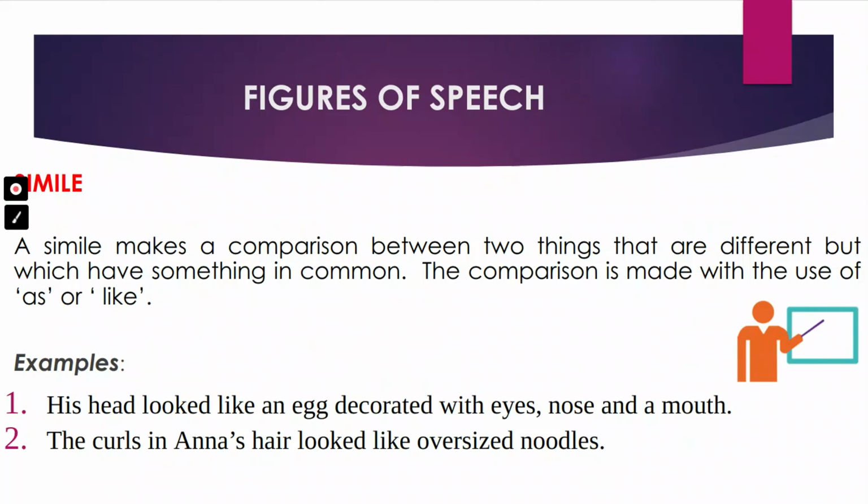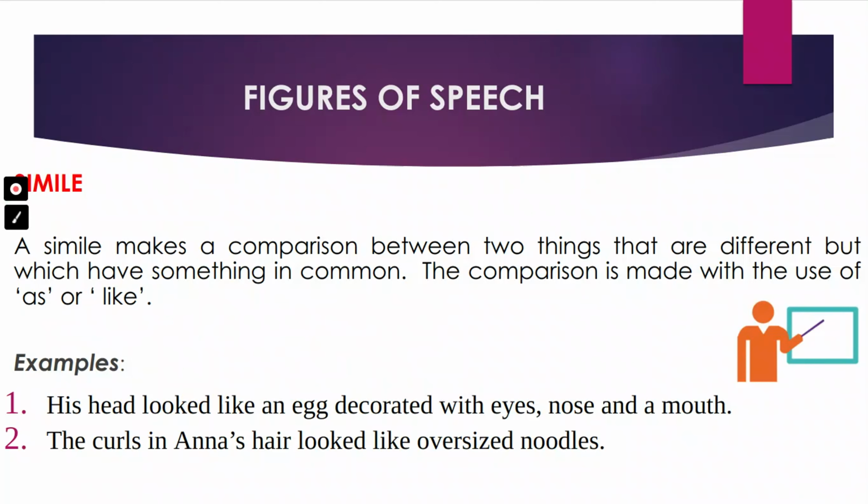They have something alike. Now, in order to make this comparison, we use the words as or like. Let's look at example number 1. His head looks like an egg decorated with eyes, nose, and a mouth.